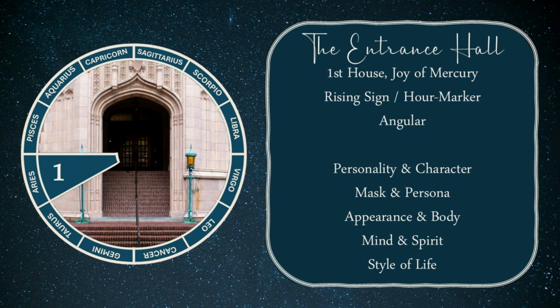The entrance door, which is our own personal mask, can be seen as the border between ourselves and the world around us. The rooms behind the entrance hall aren't always visible at first, just like some parts of our chart cannot be recognized when we just meet a person, but through getting to know them better.